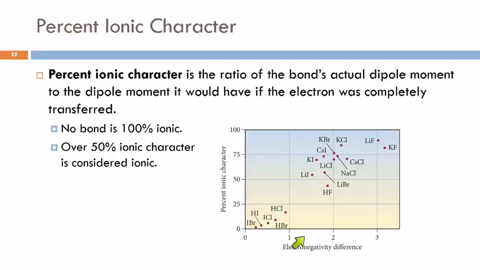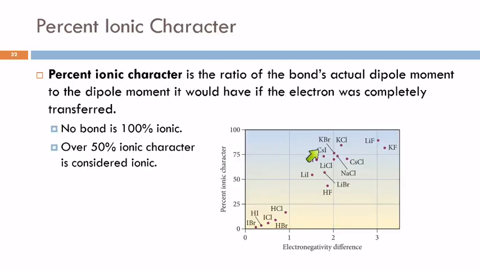So here's a graph of some compounds: percent ionic character versus electronegativity difference. Anything that has a percent ionic character above 50 is going to be considered an ionic bond. If we look at all of these, they're falling into this category of electronegativity difference being about 2, some a little less than 2.